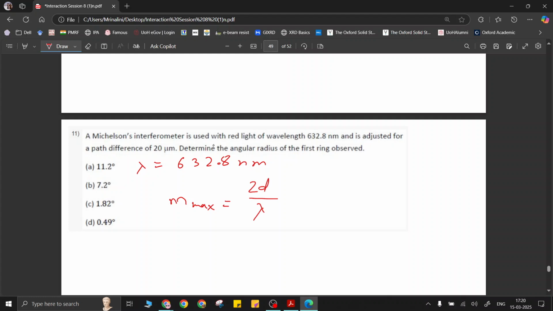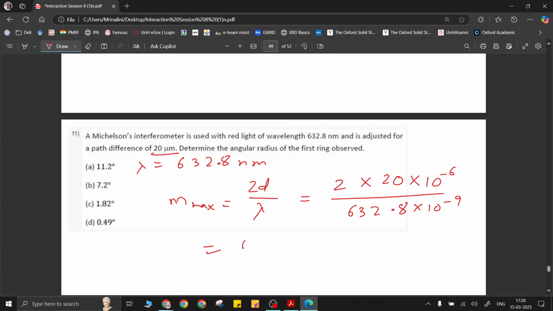If d is fixed to 20 micrometer, then the maximum order we can get is 2 times 20 times 10 to the power minus 6 meters, divided by 632.8 times 10 to the power minus 9.